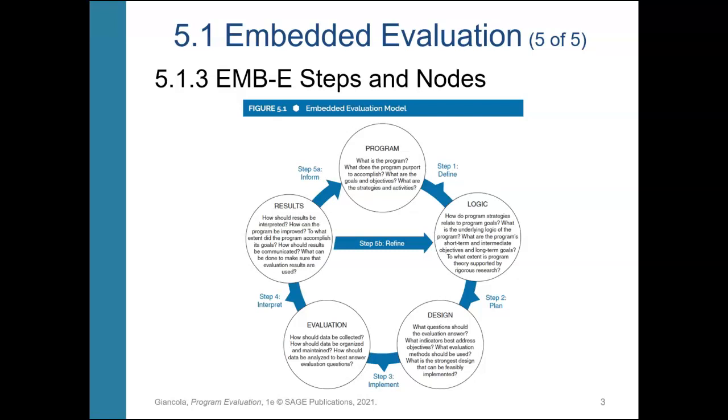It's not something that happens once and then we're done, especially when we're talking about embedded evaluations. We're talking about a process that's designed specifically to be cyclical, something that we do over and over and continue to evaluate and continue to implement changes and collect data to see how those changes did and to inform our continuous improvement.